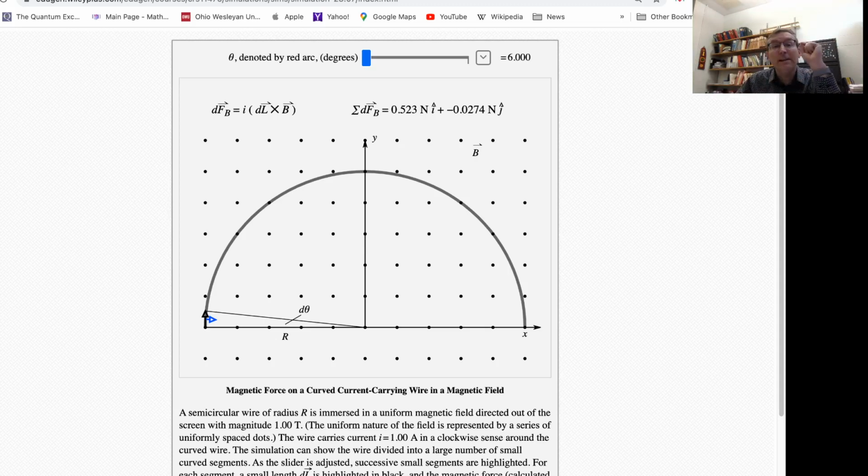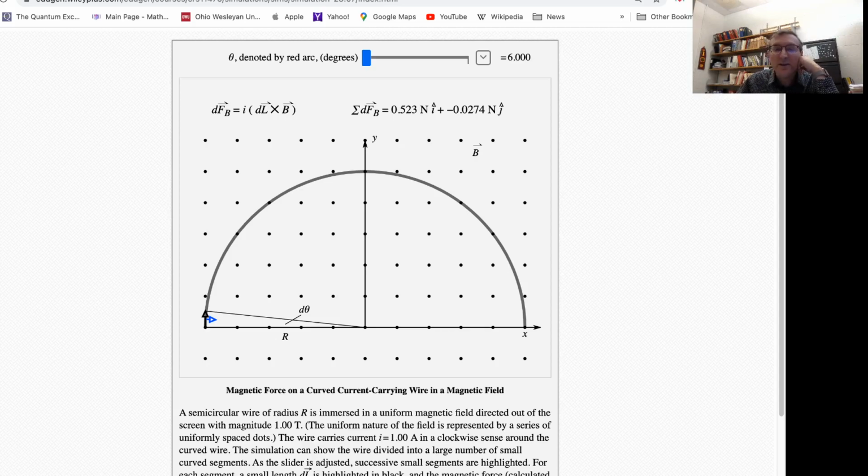And we have a uniform magnetic field represented by all those dots pointing towards us, spaced evenly. That's a uniform magnetic field of 1 Tesla coming out at us. And the current going around clockwise in the half circular arc is 1 ampere. And we'd like to find the net magnetic force on this half circle of wire.